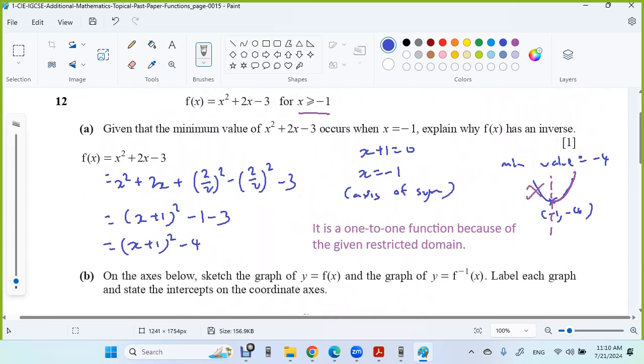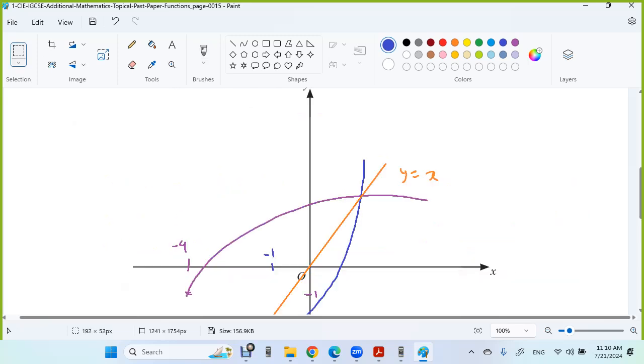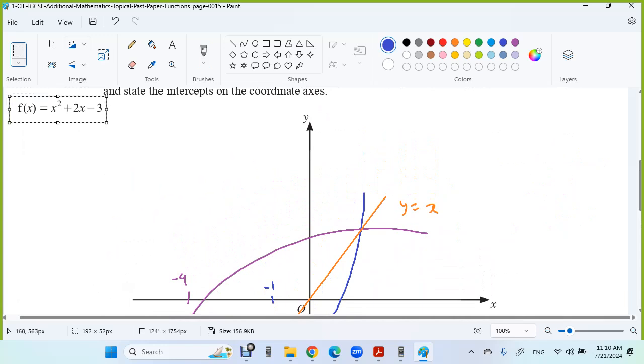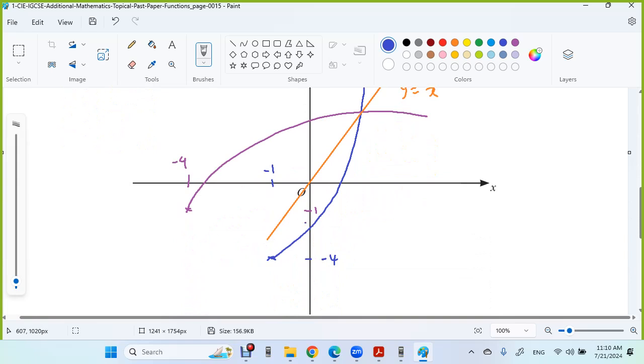Over here we know that when x equals 0, f(0) will be 0 plus 0 minus 3, which is -3. So over here this is -3, and this one is also -3.